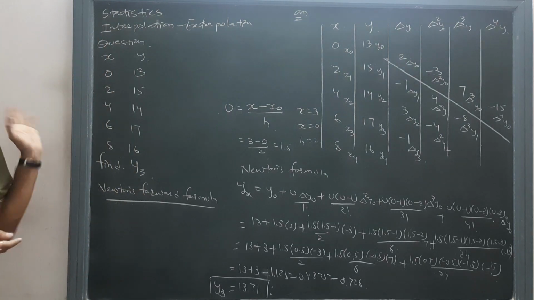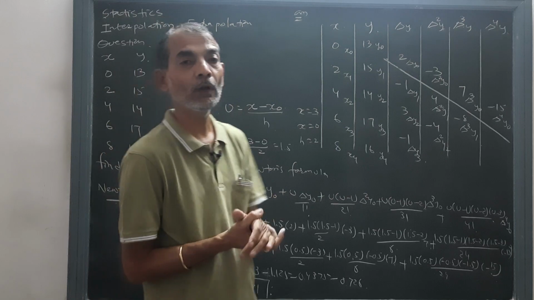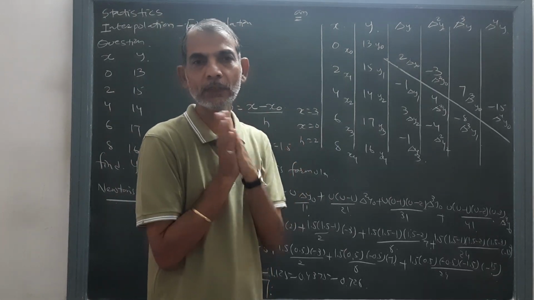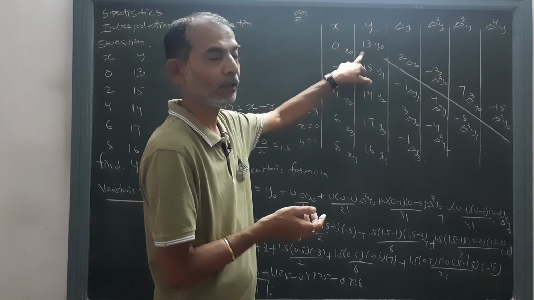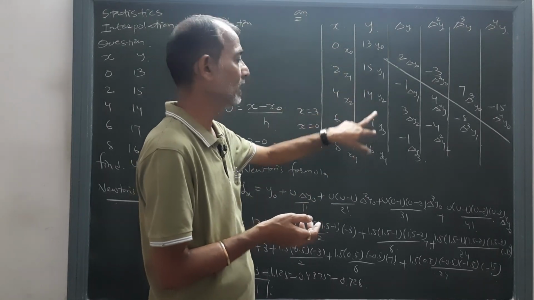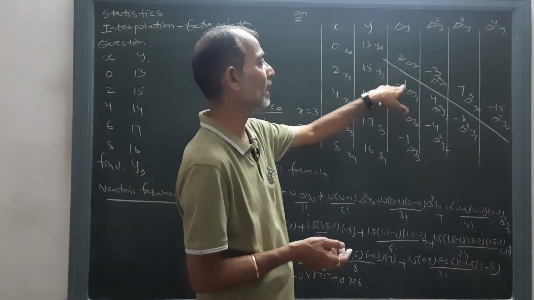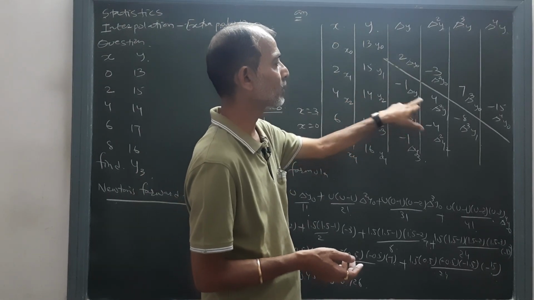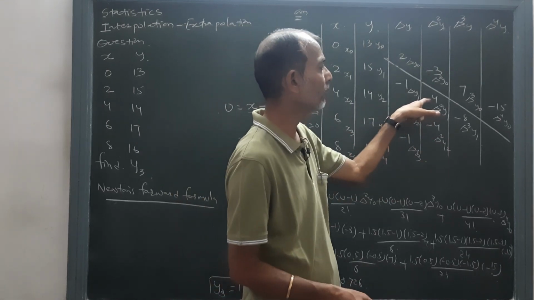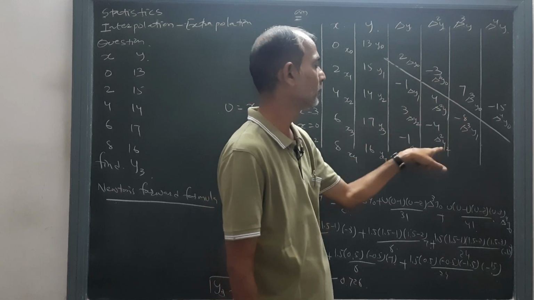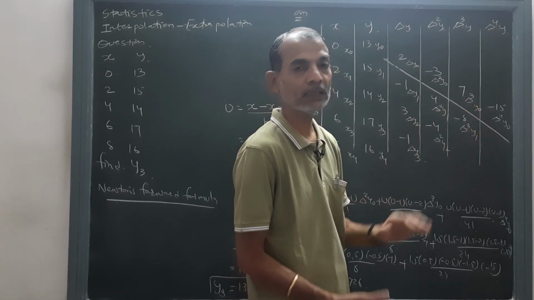Now I repeat: first of all we have to find the differences of all the values. How? 15 minus 13, 14 minus 15, 17 minus 14, 16 minus 17. Similarly, minus 1 minus 2, 3 minus minus 1, minus 1 minus 3. Then 4 minus minus 3, minus 4 minus 4, minus 8 minus 7.